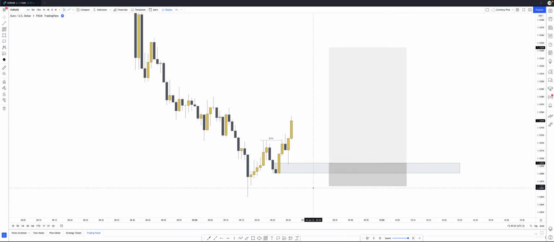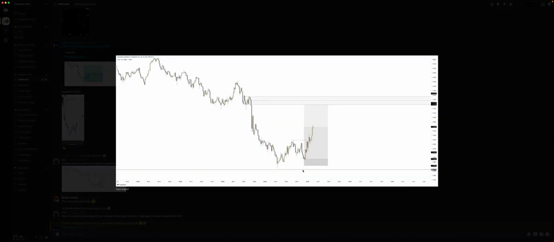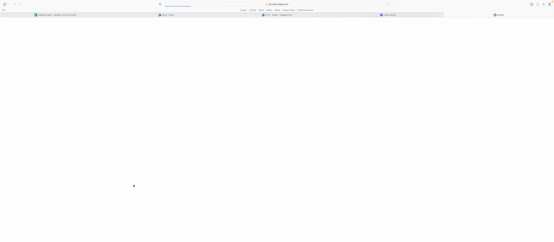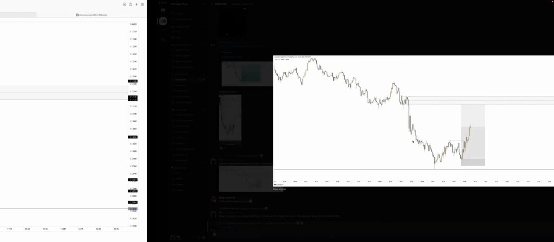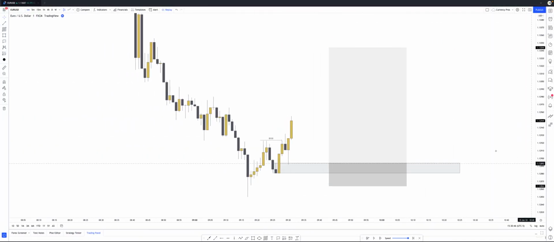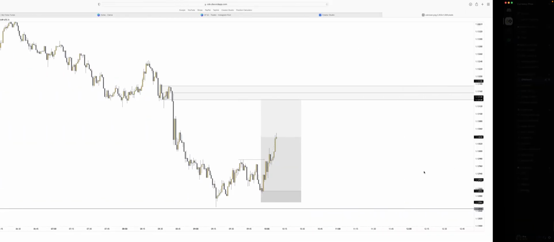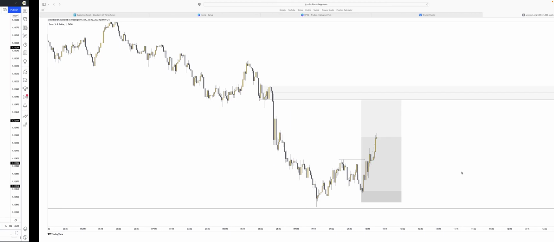Right, so let me go back to the Discord. What were the parameters here? The entry was 12894, yep. And stop loss was 12864.